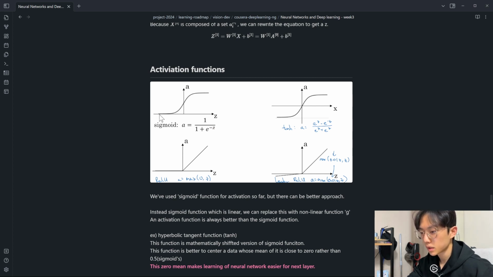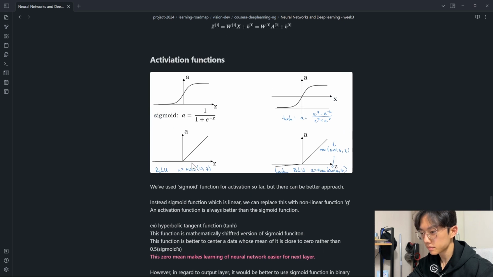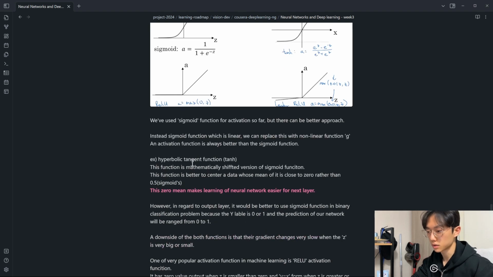Even though you go further along the g axis, the gradient seems not to change anymore. So it can make your network learn slower than with other, better activation functions.